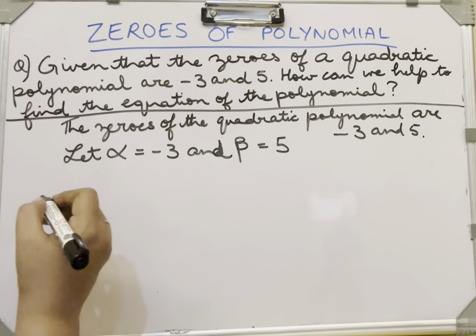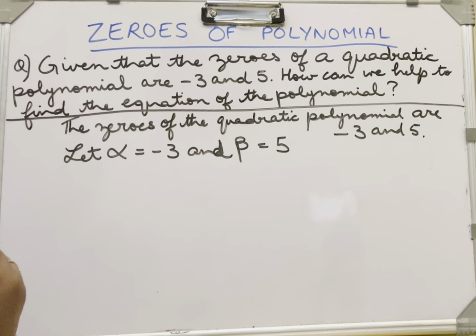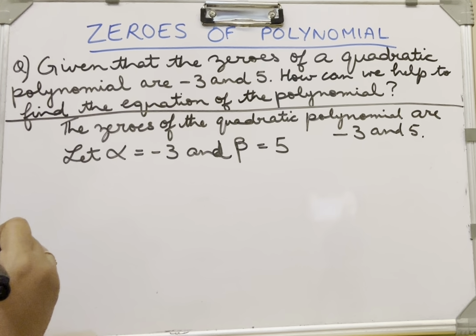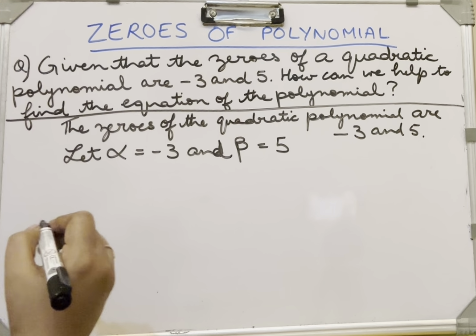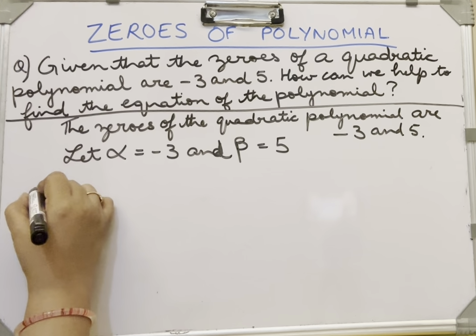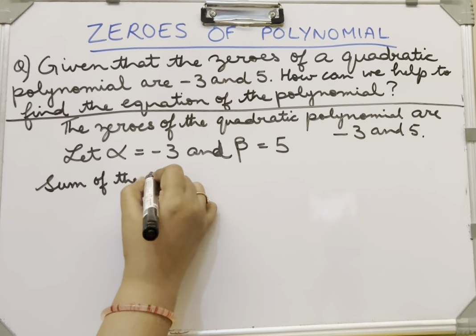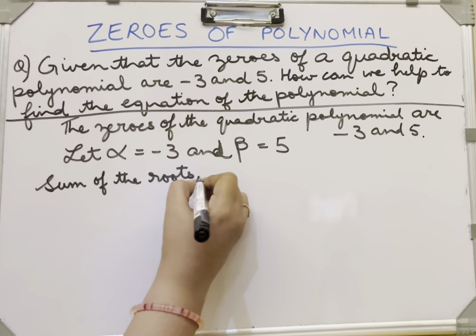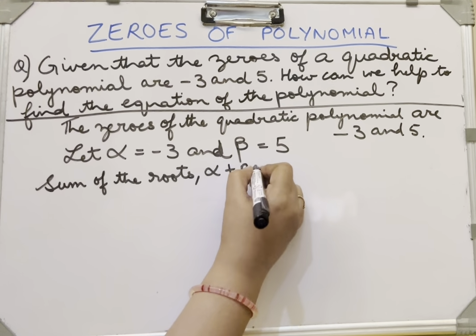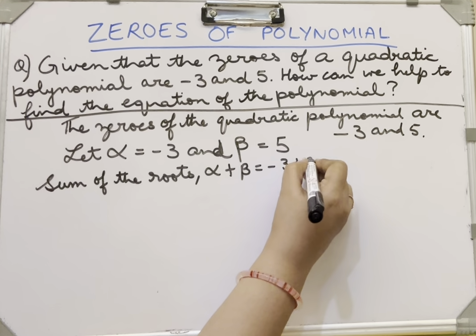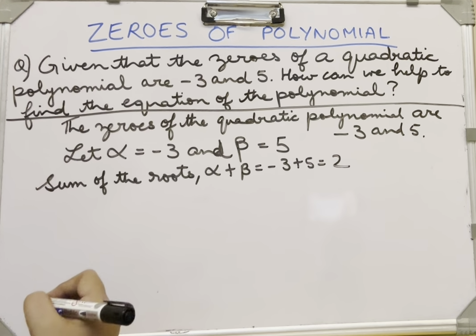Then we have the sum of the roots, alpha plus beta, which will be equal to -3 plus 5, which is 2.